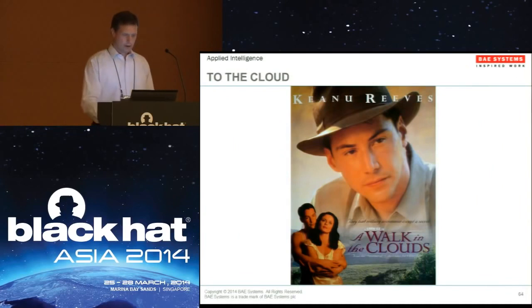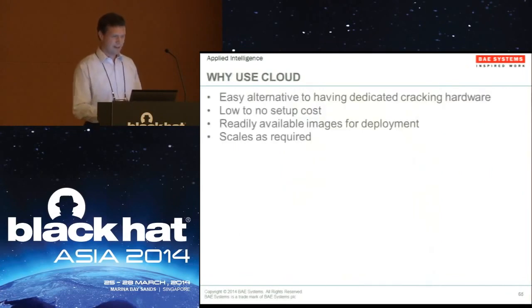So when you want to crack this, you can move to the cloud because everything's in the cloud these days. Why use the cloud? Well, rather than going out and buying dedicated cracking hardware and setting it up, you can just hop on Amazon and launch a couple of instances. Amazon offers GPU. I don't think Google does it yet, but I'm sure it's in the pipeline.